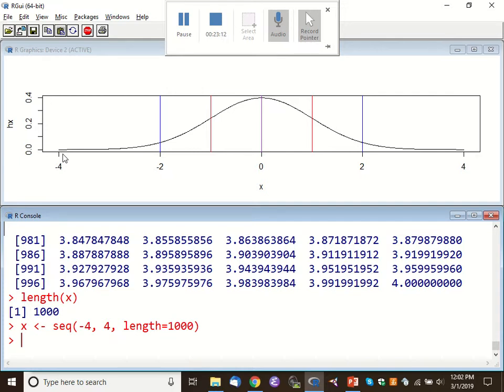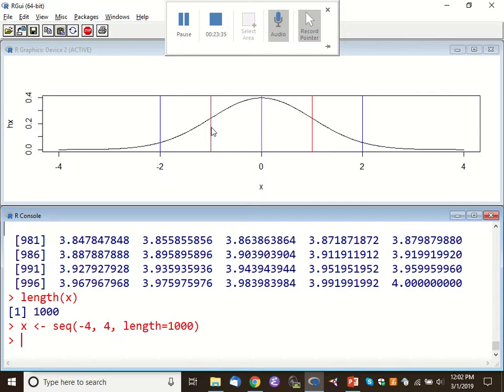But let's talk about where the bulk of that information is, where the bulk of the area under this curve can be found. So the typical rule that we use is that if you have a normal distribution, I believe 68%, do I have the number straight in my head? 68% should fall within 1 standard deviation.